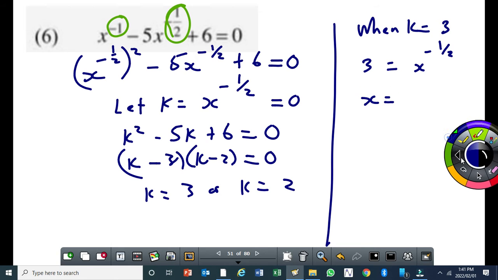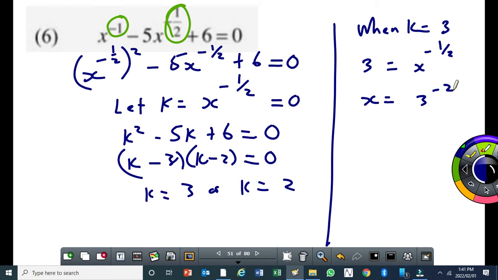So x is going to be equal to 3 to the power of minus 2. Then the answer for x will be equal to 1 over 9. Right? So that's the first answer.